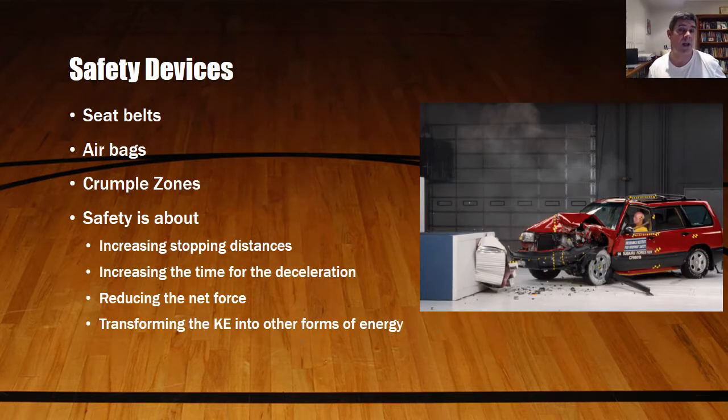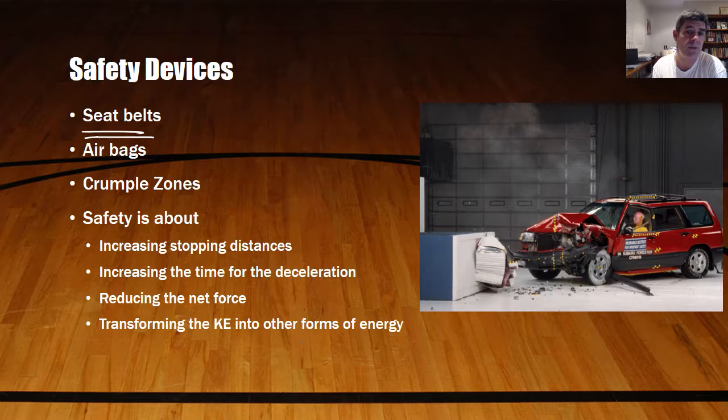This is one of the reasons why there are so many safety devices in cars that are designed to do exactly that. One of the most significant changes that occurred, certainly in the road traffic reports, was when seat belts were introduced as mandatory in cars. This significantly reduced the numbers of fatalities on the road, as the seat belts made a big difference in being able to increase the time over which that deceleration occurred and protected a lot of people, not that they would not suffer some sort of harm, but certainly not sufficient harm to cause death.